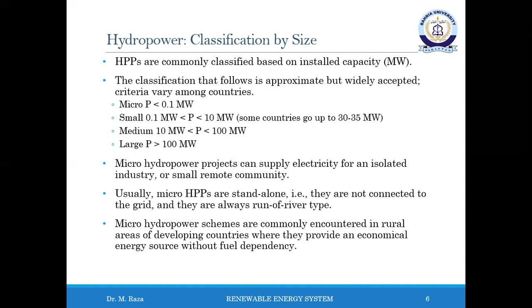Small water storage tanks are sometimes constructed so that hydro generation is guaranteed for a minimum period per day, even during low water flow conditions. Micro hydropower schemes are commonly encountered in rural areas of developing countries where they provide an economical energy source without fuel dependency.